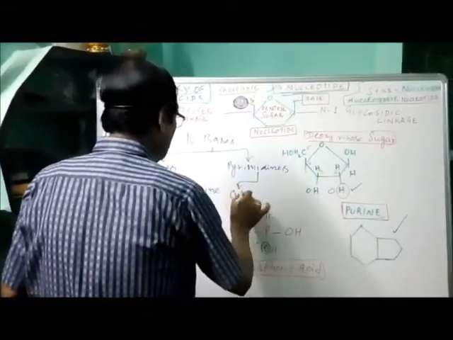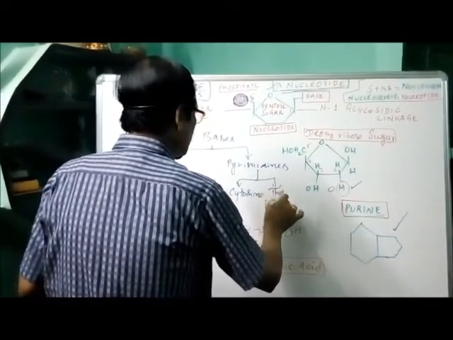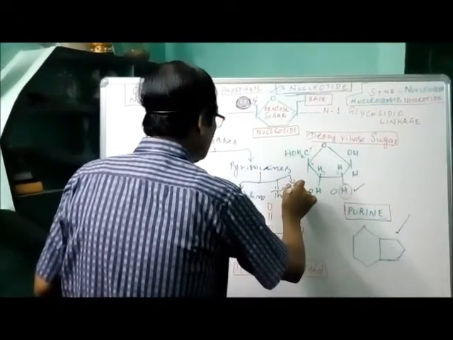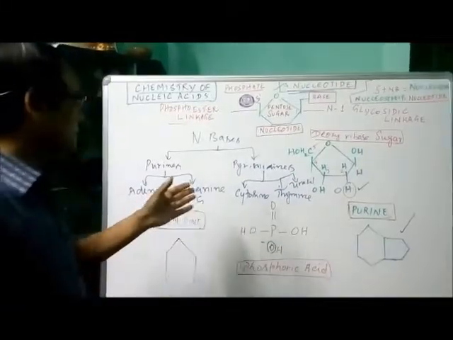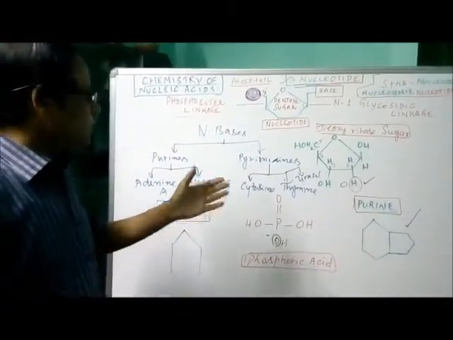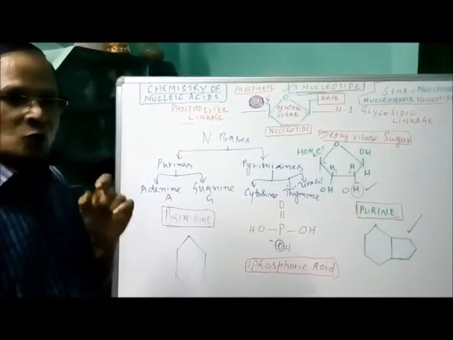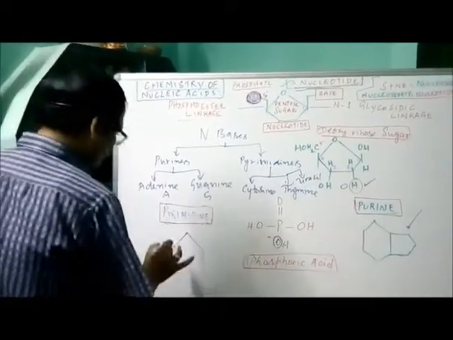One, cytosine. Two, thymine. And the third one, uracil. So these are the three types of pyrimidines. Now, thymine and uracil differ only in one place. For example, I am taking the fifth position.